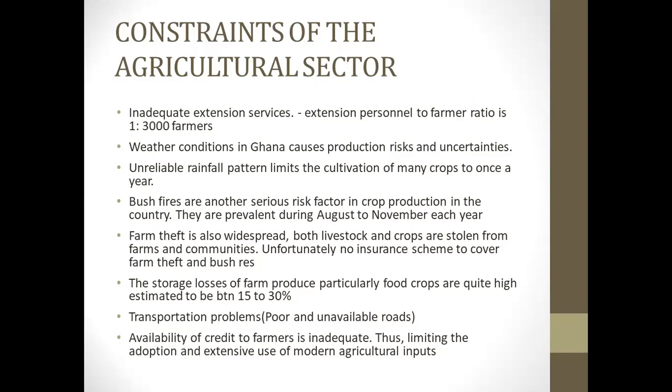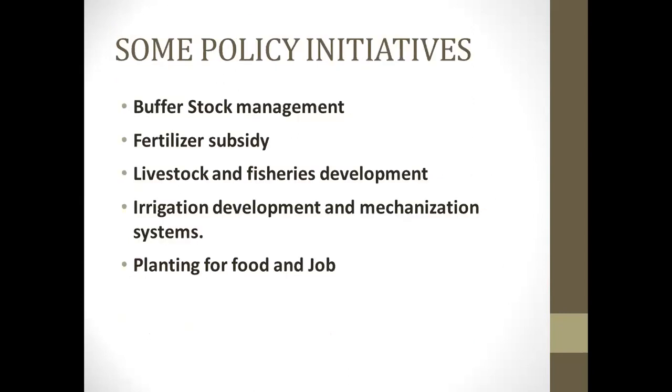The access to these loans or credit is actually very poor, so that is a challenge. And probably in some cases there are no loans available for that particular investment, or the collateral requirements to access these loans are very, very high, so the farmers cannot do that.